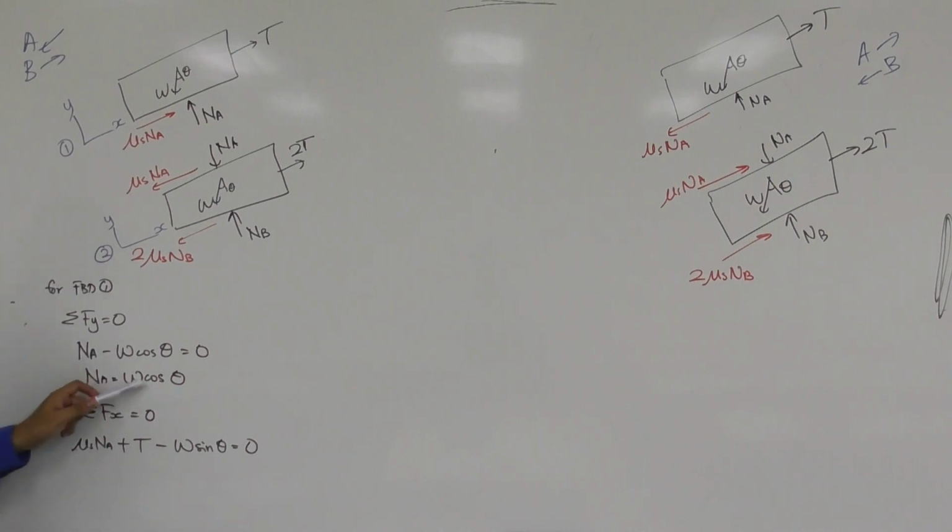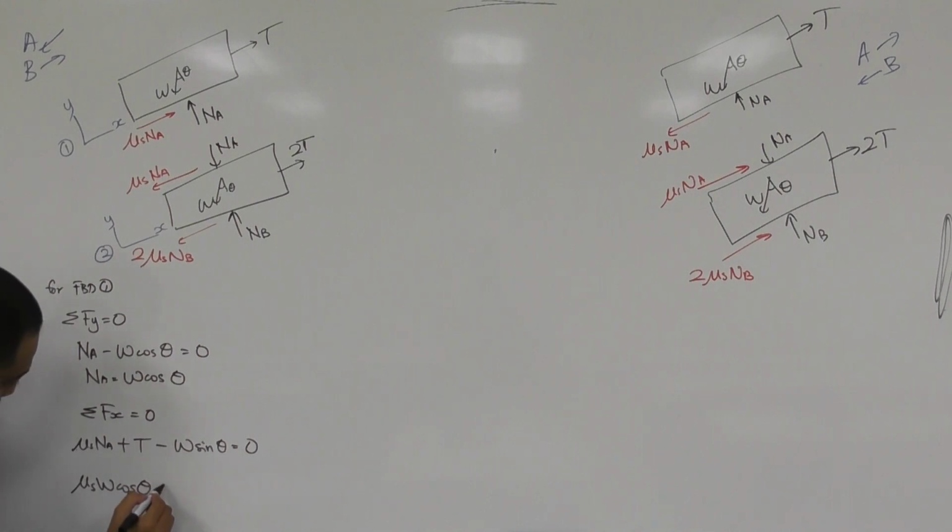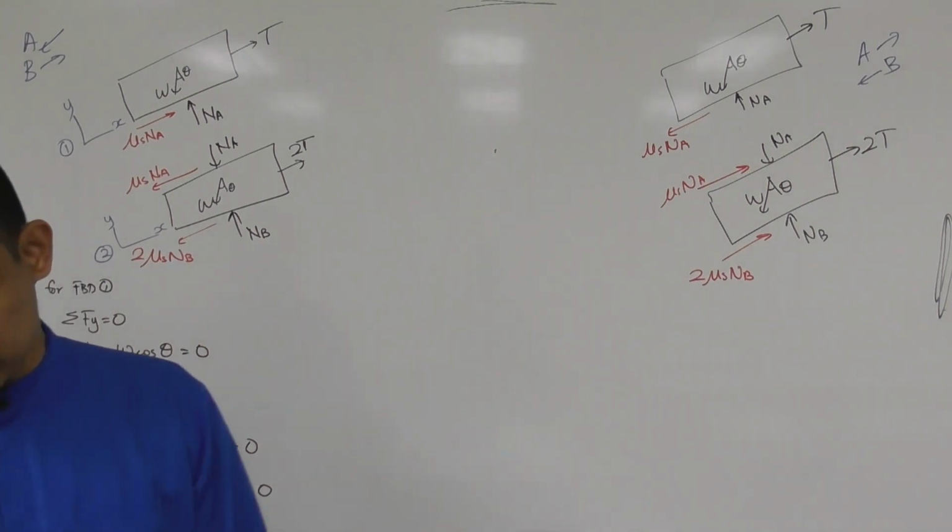So NA is this one, so it becomes mu s W cos theta plus T minus W sine theta equal to 0.